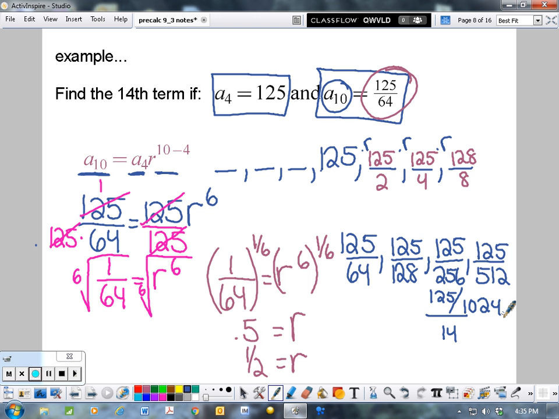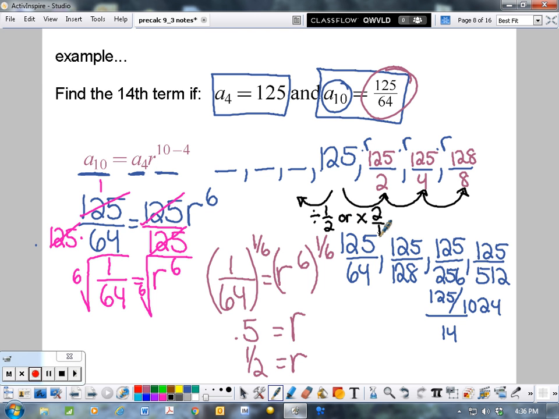What happens if you wanted to find the nth term? Instead of timesing by 1/2 each time to move forward, I can divide by 1/2 to move backwards. And remember how I had said before that instead of dividing by a fraction, I can times by the reciprocal, the flipped version.